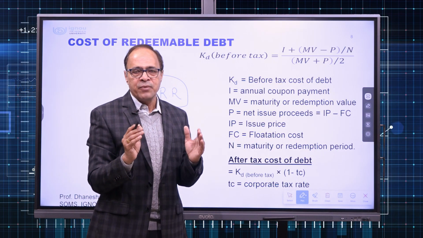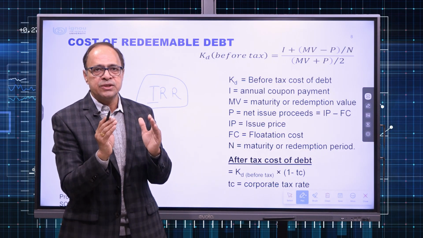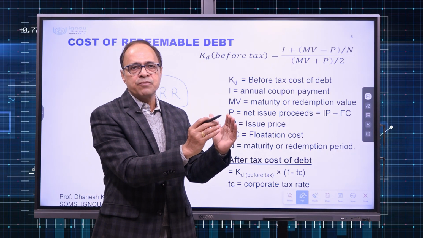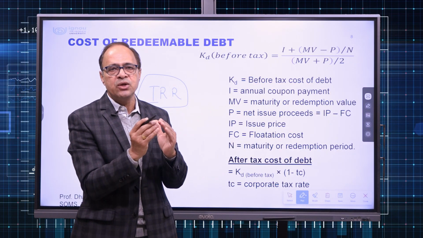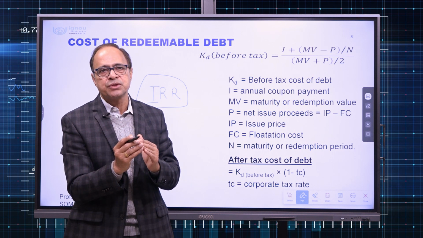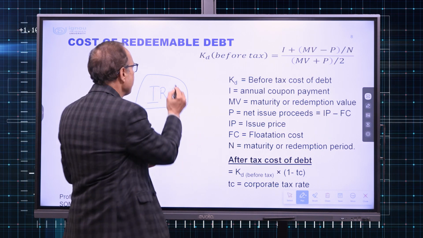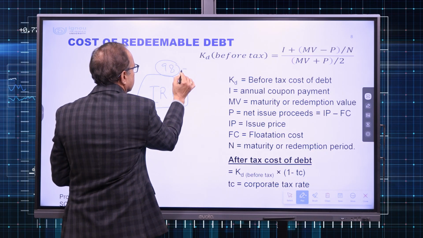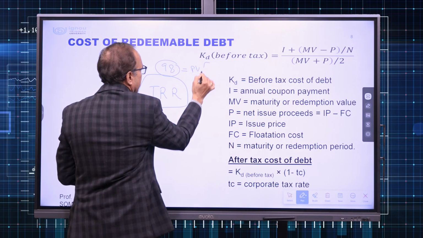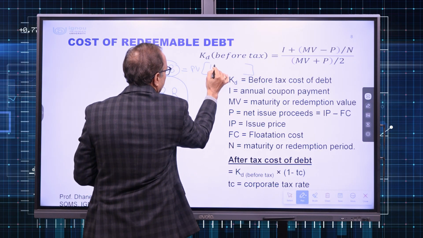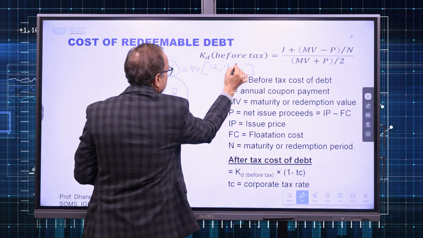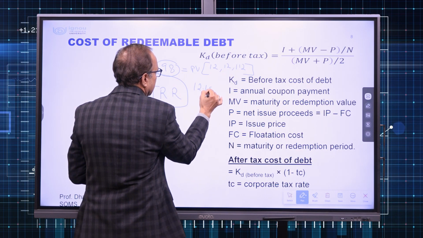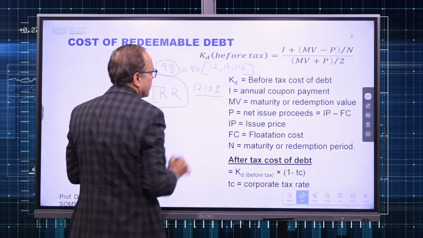That was simply a discount rate at which the present value of outflow associated with the bonds becomes equal to the present value of net proceeds of the bonds. As we have seen in the previous slide, 98 million of net proceeds becomes equal to the present value of those 3 cash outflow, 12 million, 12 million and 112 million. And we hypothesize that the discount rate happens to be 12.15%.